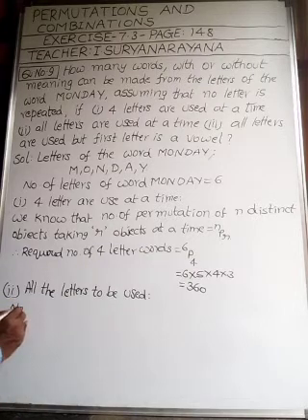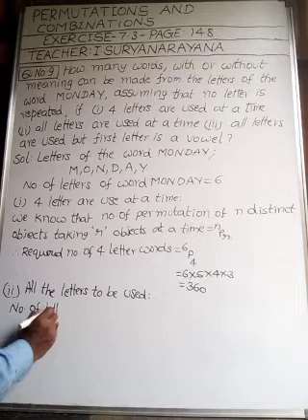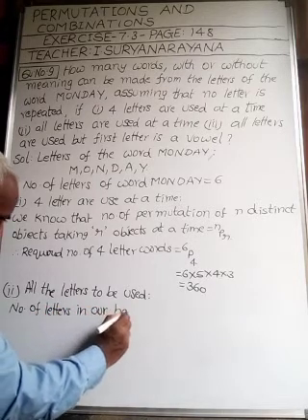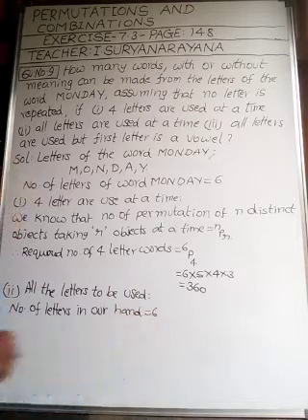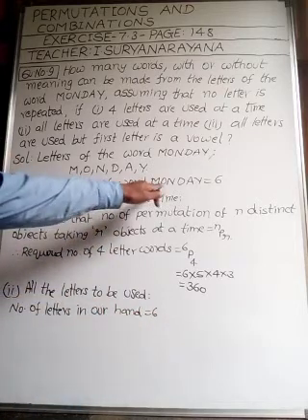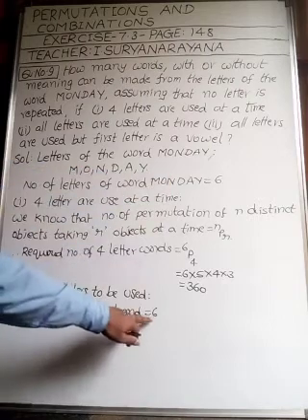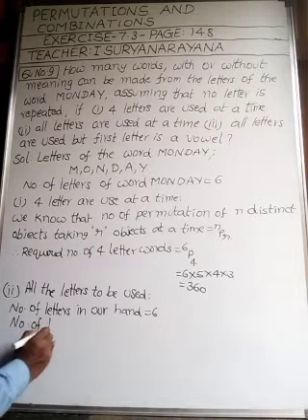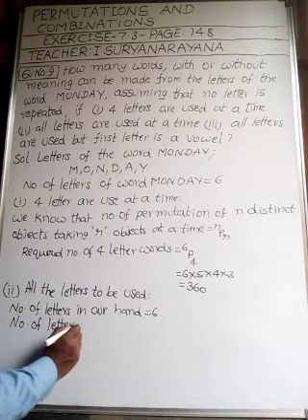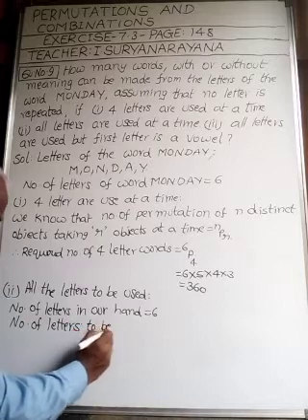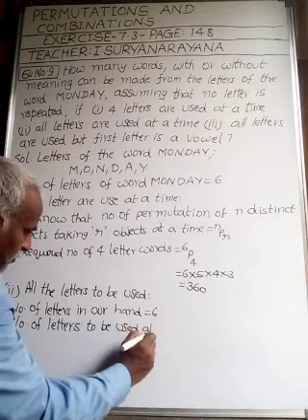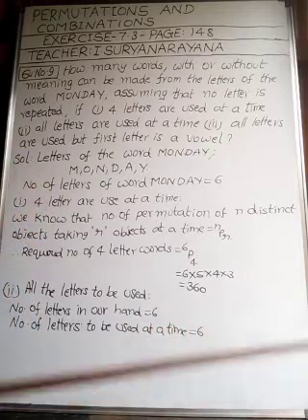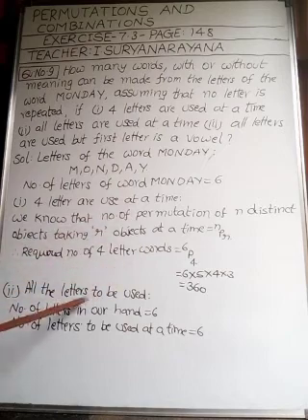The number of letters in our hand means the number of letters in the given word Monday. Understood this step? The number of letters to be used at a time is 6 letters, all the letters. Yes or no, my children?